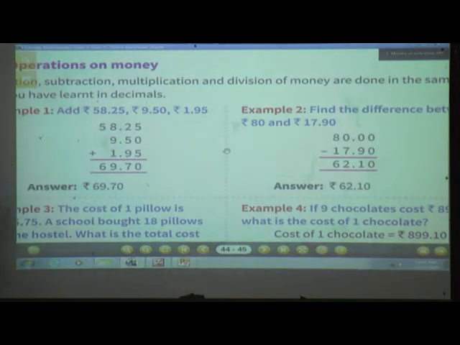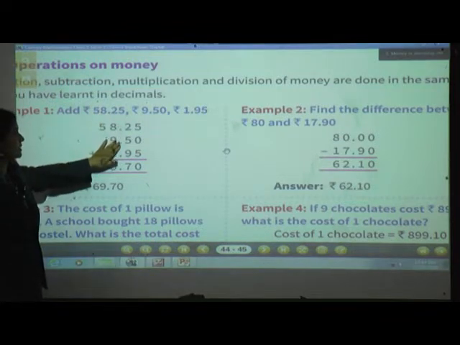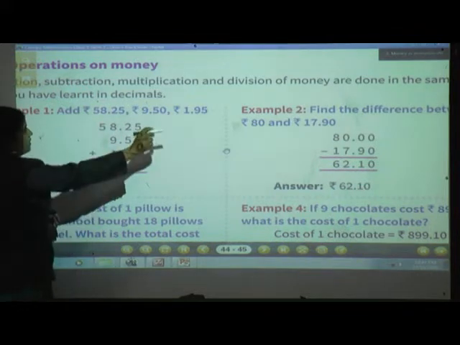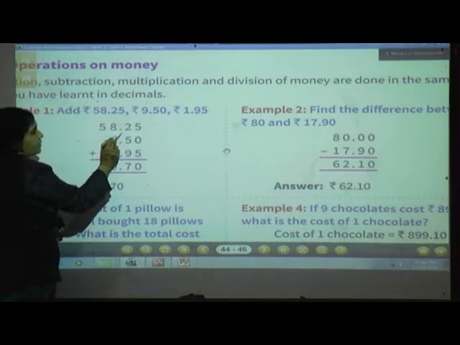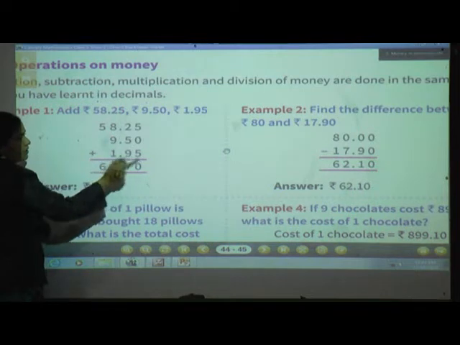Students, while writing the sum, be very careful that the decimal point should be below the other. So just write the sum: 58.25, 9.50, 1.95.